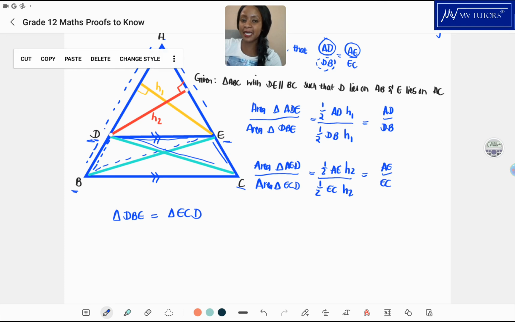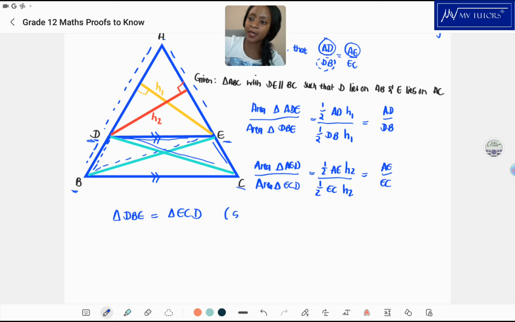If I take DE as my base, that's the same. So they're equal because they have the same base, which is DE. And they also have the same perpendicular height. You know that when you have parallel lines, the height is the same. So this perpendicular height here is actually the same throughout.